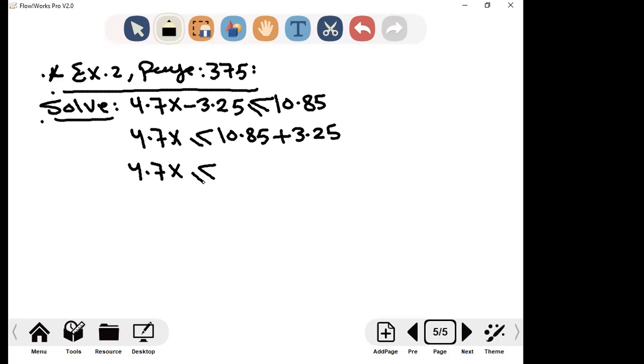To add them, remember, we put the decimal over decimal and we align the numbers carefully, right? So here I will align them here, 10.85. I put the decimal under decimal, this is important. Here we have a 3.25. The 3 under what? The 0, not the 1.